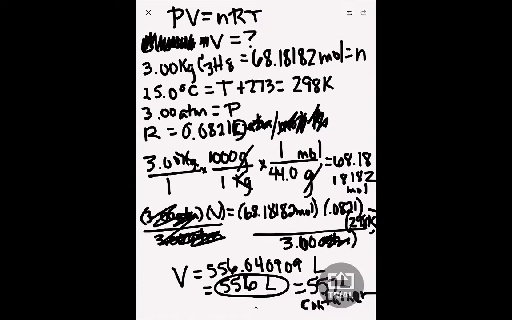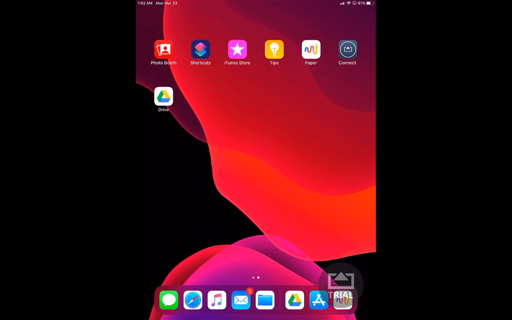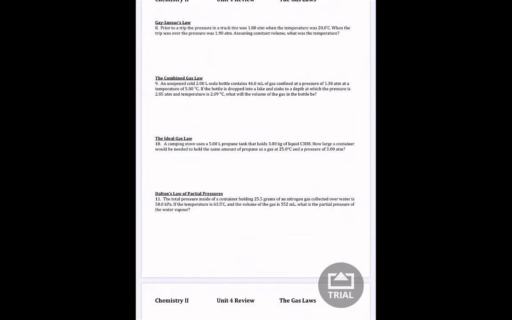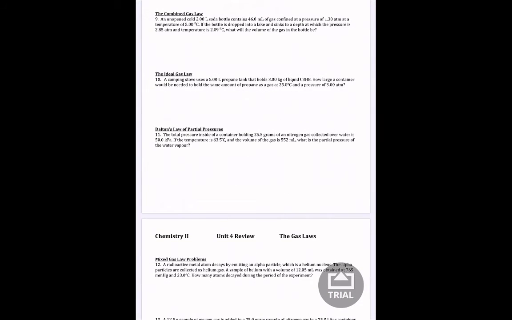So, looking at the next problem, Dalton's law of partial pressure. The total pressure inside of a container holding 25.5 grams of nitrogen gas collected over water is 50 kilopascals. If the temperature is 63.5 degrees and the volume is 552 milliliters, what is the partial pressure of the water vapor?